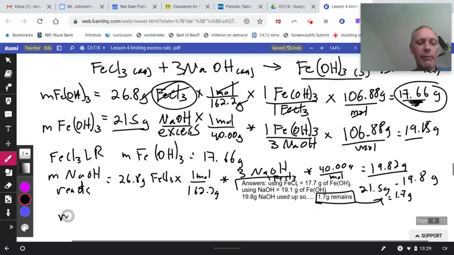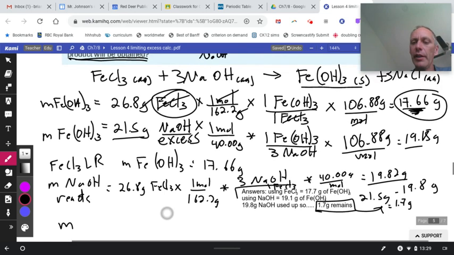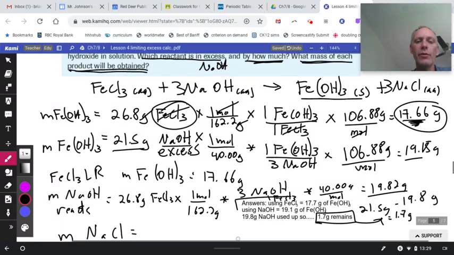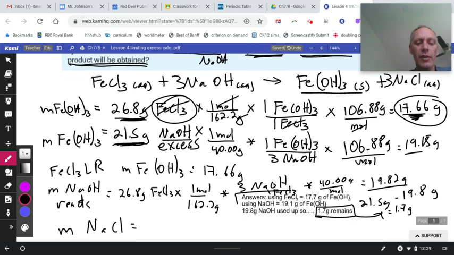How would you figure out the mass of NaCl? Would you use the limiting reagent or the excess to figure out the mass of NaCl? Correct answer would be, let's start with the limiting reagent again, 26.8 grams of FeCl3.